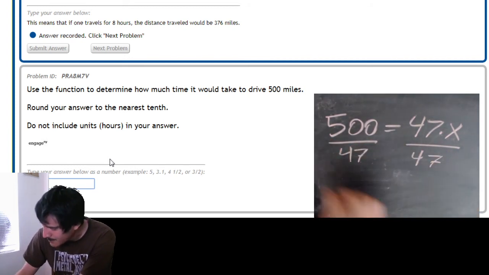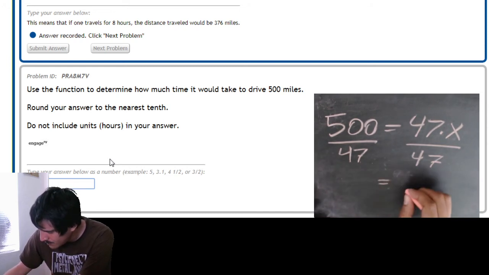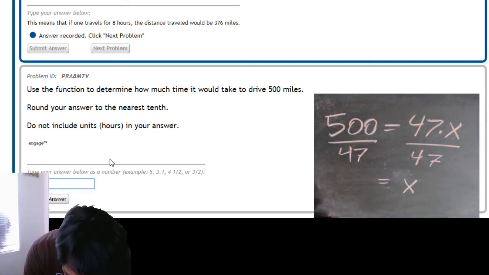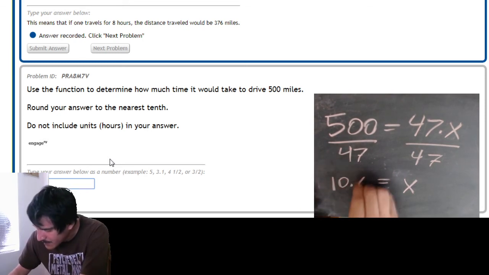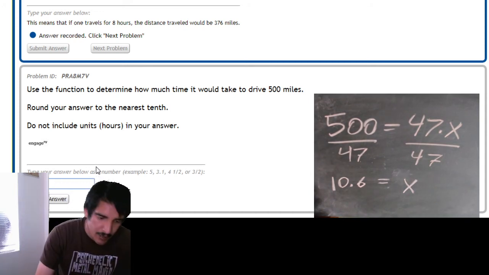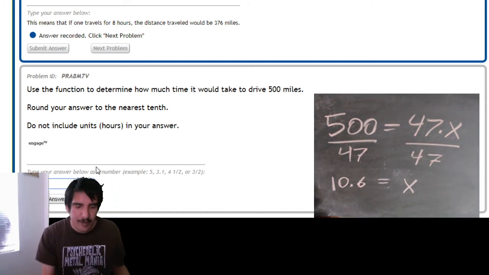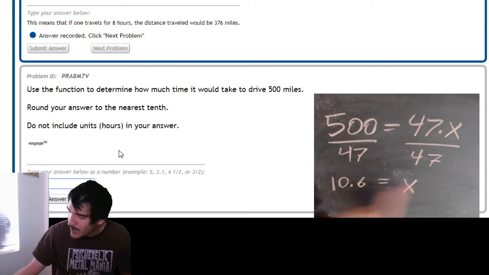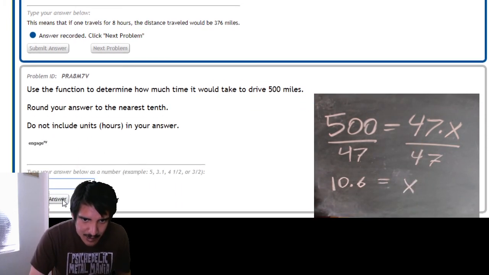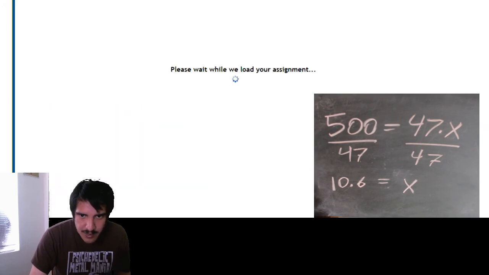Because if you get x by itself, you're doing the same math steps. So 500 miles divided by 47 miles per hour leaves us with approximately 10.6 hours. So how long would it take to travel 500 miles? 10.6 hours. That's if you're traveling at a slow speed of 47 miles per hour, which this person in the problem is.